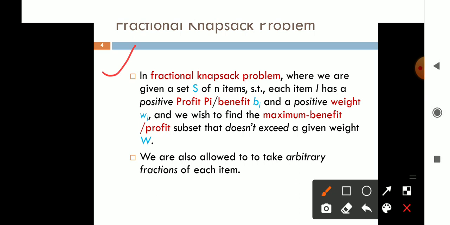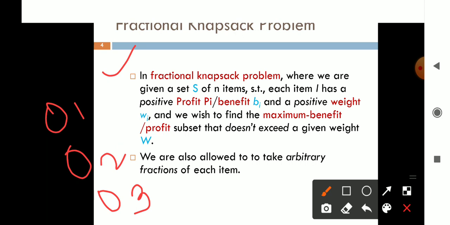In the 0-1 knapsack problem we have objects. Suppose we have object 1, object 2 and object 3. We have to put these objects into the knapsack, and the knapsack again has a capacity. Suppose the capacity is again 10.